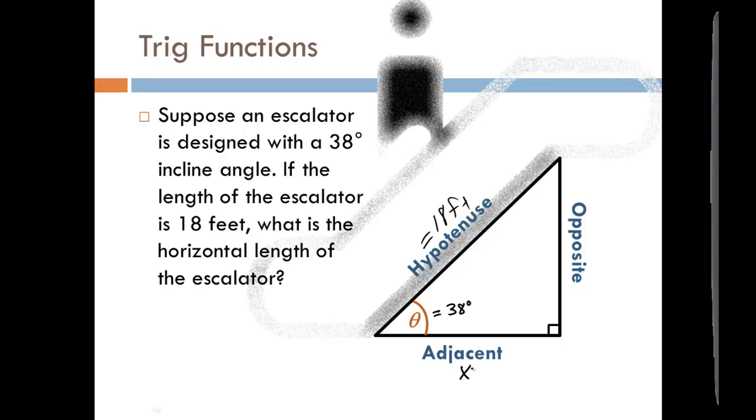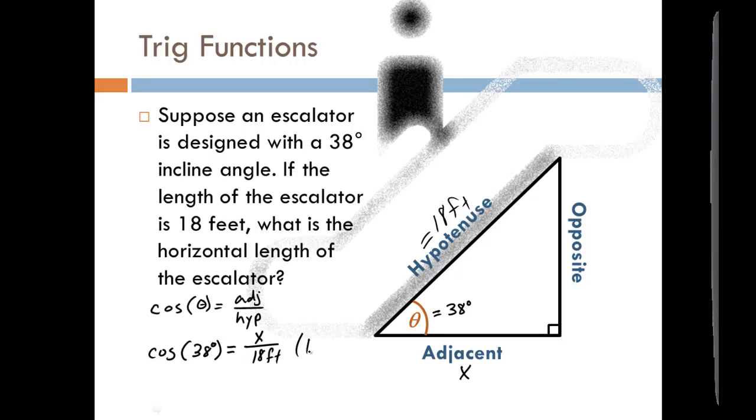What trigonometric function gave a relationship between the adjacent side and the hypotenuse? That was cosine. So the cosine of our angle theta was equal to the adjacent side divided by the hypotenuse. That gives us that the cosine of 38 degrees is equal to the adjacent side, which is x, divided by the hypotenuse, which was 18 feet.